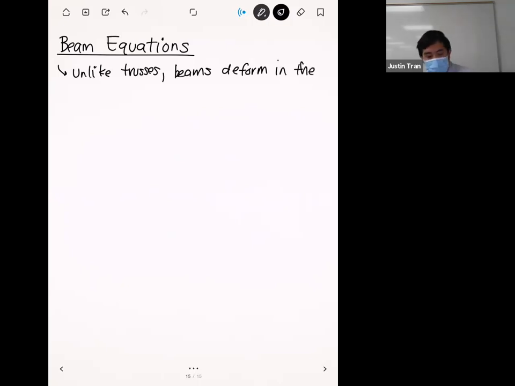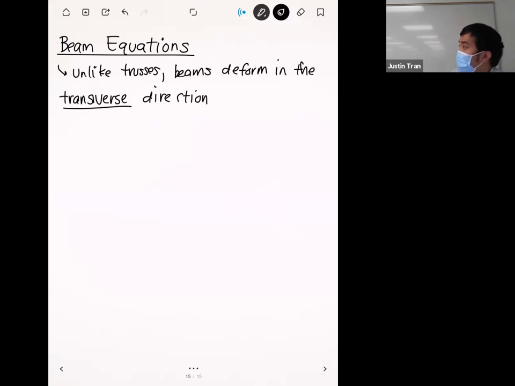In particular, beams are going to deform in the transverse direction, which is the direction perpendicular to the beam. Another type of deformation that we'll consider for beams is rotations.